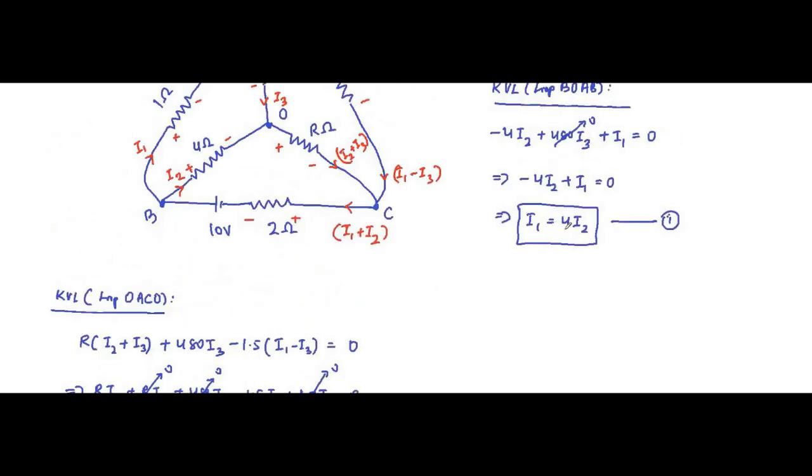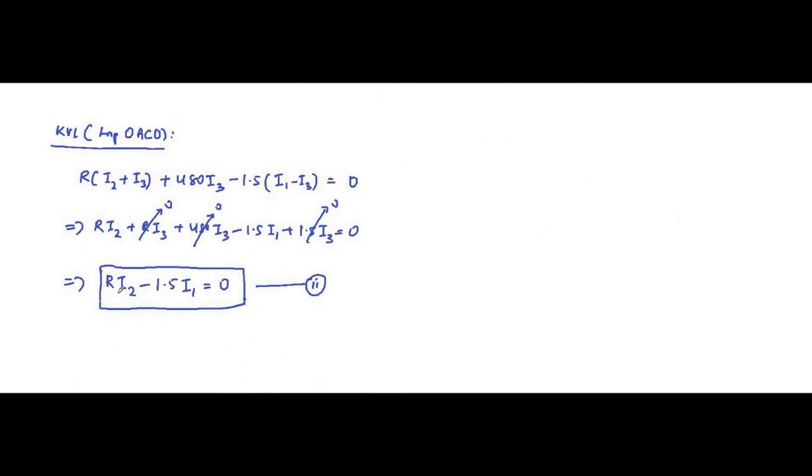So now we have two relationships. First, I1 is equal to 4I2, and second, RI2 minus 1.5 I1 is equal to 0. If we substitute I1 is equal to 4I2 in equation 2, it will become RI2 minus 1.5 times 4I2.